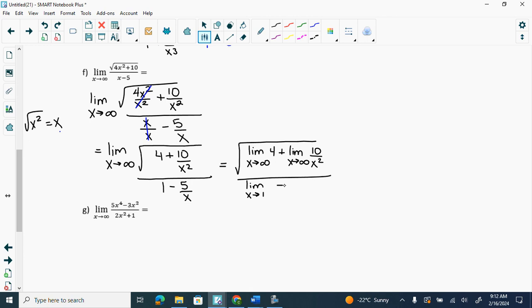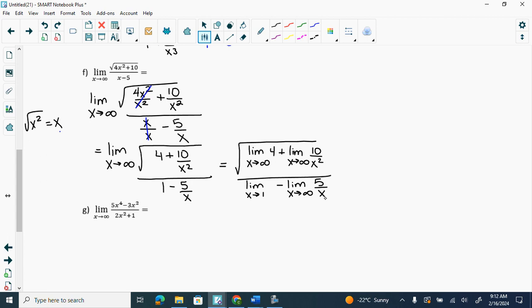I could go minus 5 times the limit as x approaches infinity of 1 over x. I could do that. It's just, why would you? You could bring the coefficient out, not the constant. So we're going to do the limit as x approaches infinity of 5 over x.